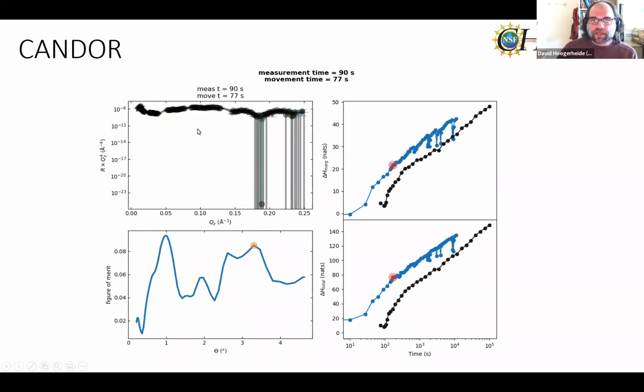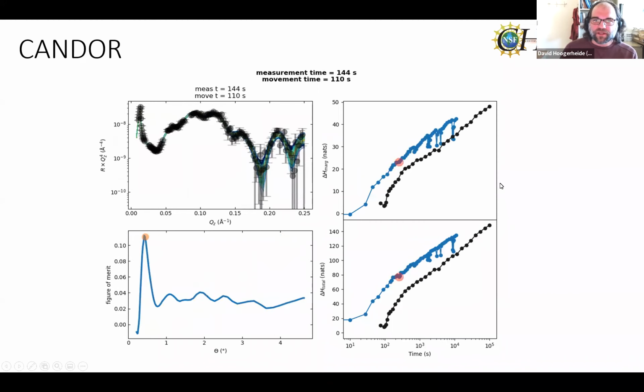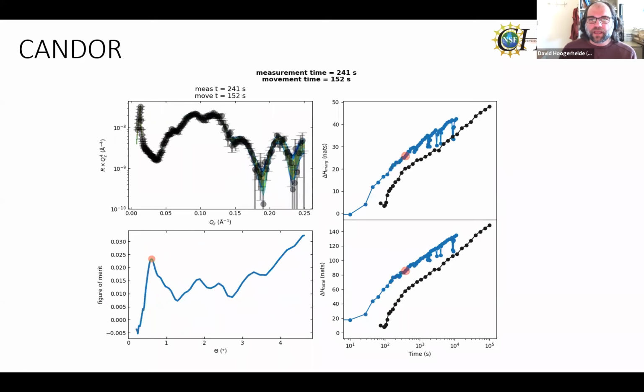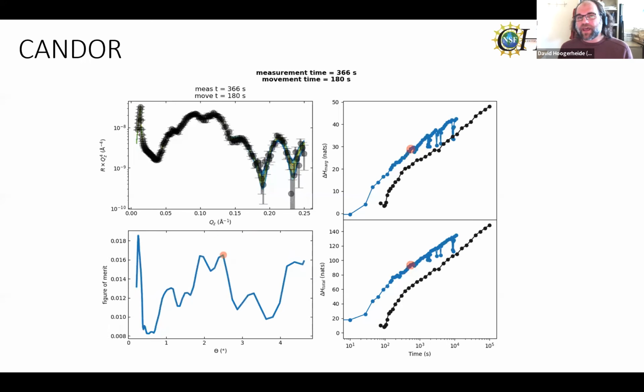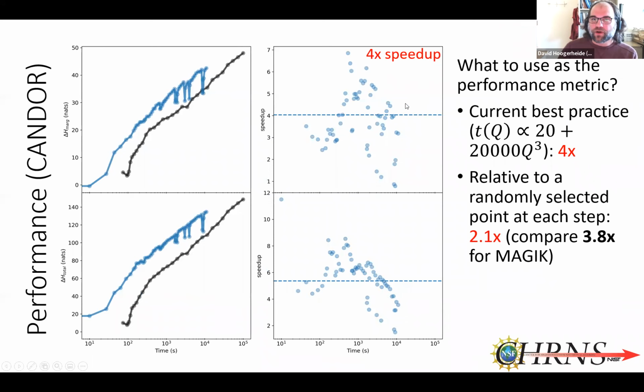And in fact, this is a brand new instrument. It came online right before the reactor went down. We got about one cycle of data taking on it before our reactor went down a couple of years ago. And so we're really looking forward to trying this out. We didn't actually have best practices for this instrument. And so if we look at our performance, we actually do really well relative to what we were doing before, about a factor of 4 in speed up.